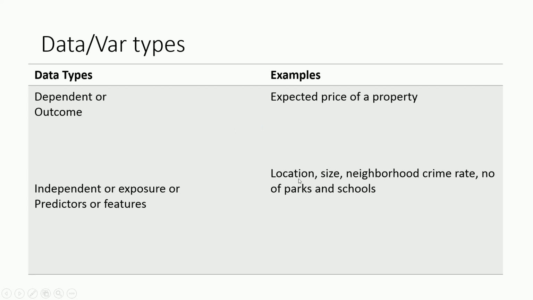There are several things like the location of that property, the size of the property, what is the crime rate in the neighborhood, and the number of parks and schools, and a lot of other factors as well. So all of this actually helps us determine what will be the actual price of the property. If all of these variables go in the positive direction, we might have a high priced property in the end. So this is basically the other way to classify the data.